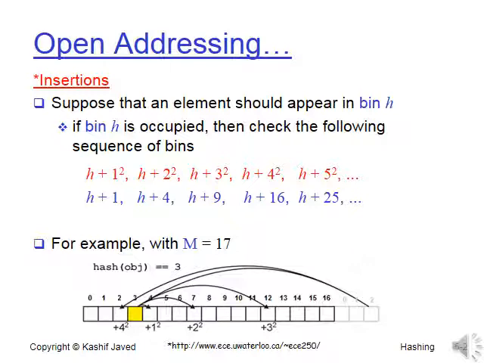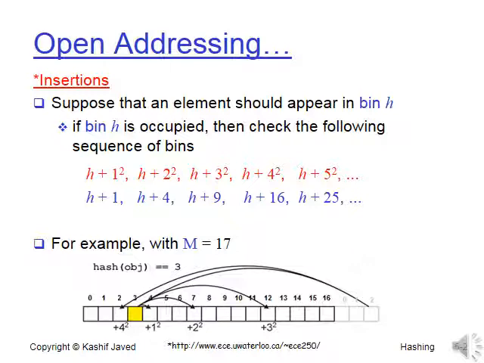Suppose bin 3 is occupied, which is the yellow marked bin. Then check the following sequence of bins. First one is 3 plus 1, which equals 4. Your first check will be bin 4, whether it's empty or not. Let's assume that it's not empty. Then your next sequence will be 3 plus 4, which equals 7.